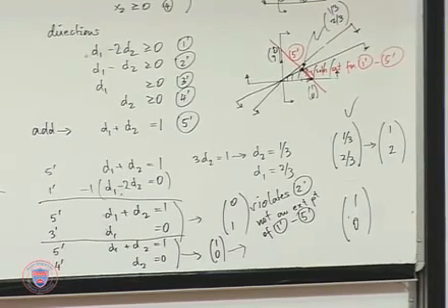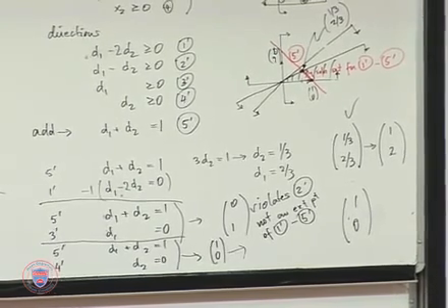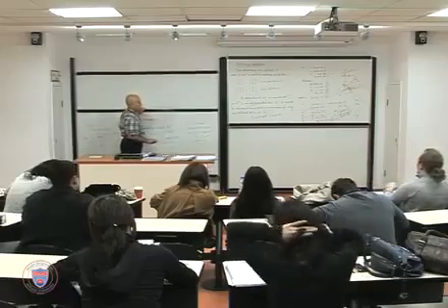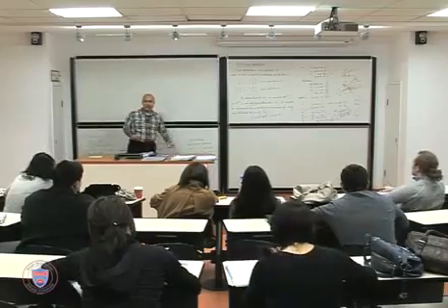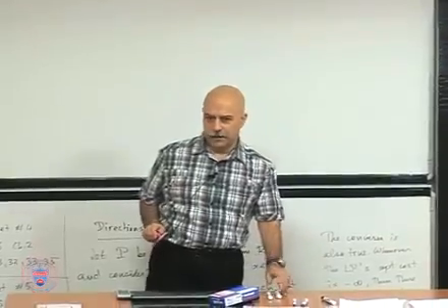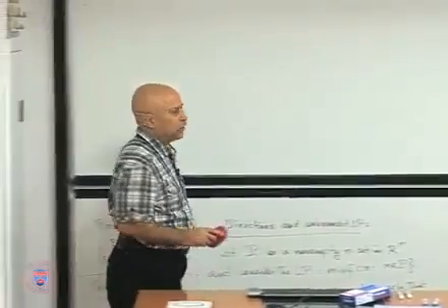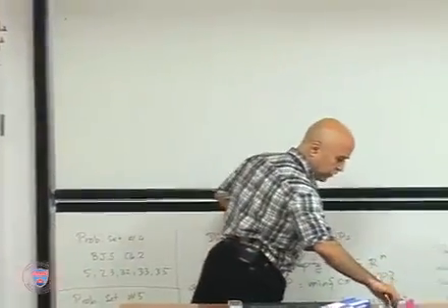So that brings us to the discussion of how to represent polyhedral sets in terms of their extreme points and extreme directions. That's a useful representation. So let's talk about that.